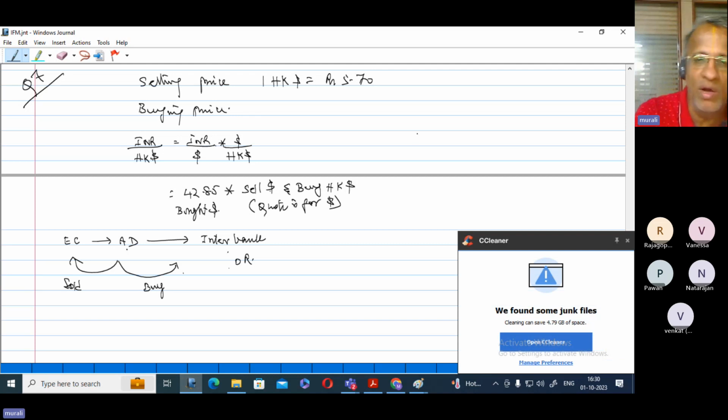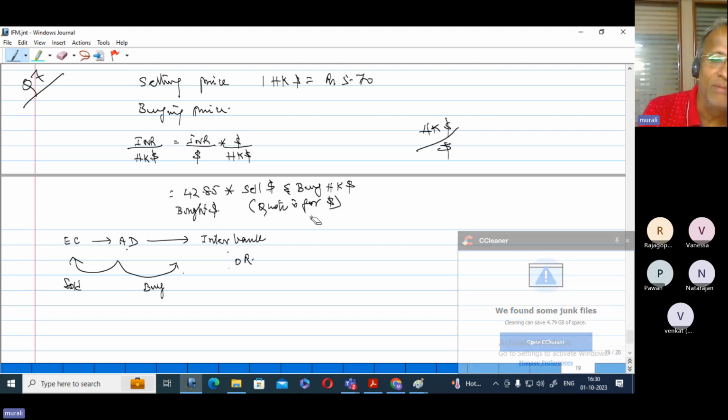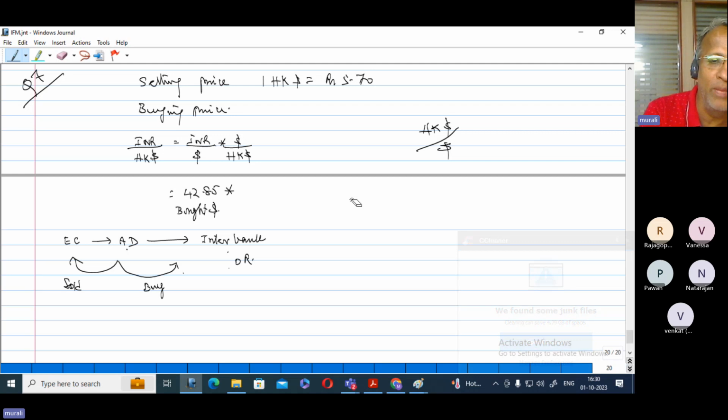The quotation is for Hong Kong dollar to US dollar, whereas we want dollar to Hong Kong dollar. Are you understanding? So therefore, it is 1 divided by. You can be very sure that it is going to be 1 divided by which rate?